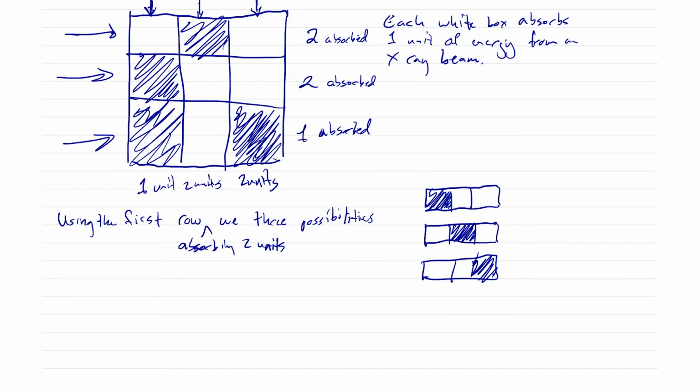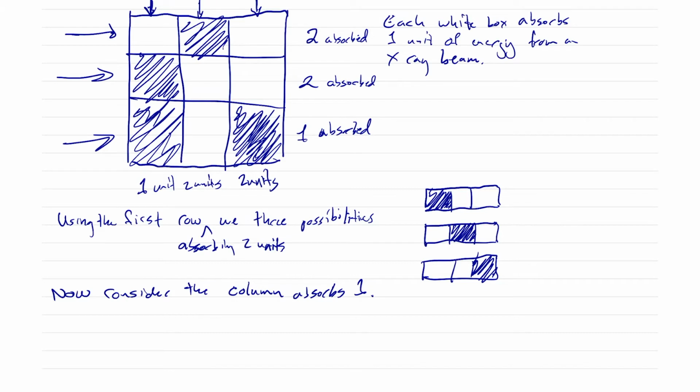And then you can see that if you add more information, you can reduce the number of possibilities for this row. So for instance, let's now consider the first column absorbs 1.